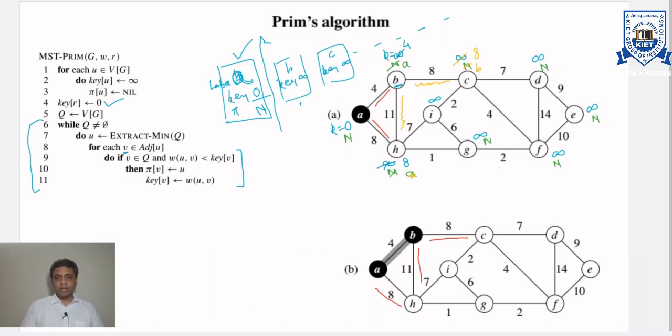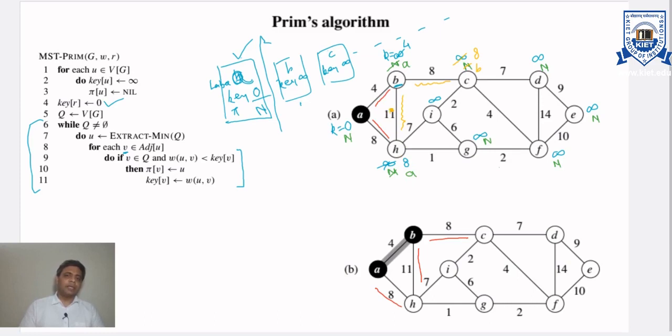Similarly for H, we check whether the condition holds, if W of U V. So W of U V here is 11, and the key value of H is 8. If the weight is less than the key value, then that would be updated, otherwise it is not updated. In this particular case, it is not updated because 8 is less than 11.